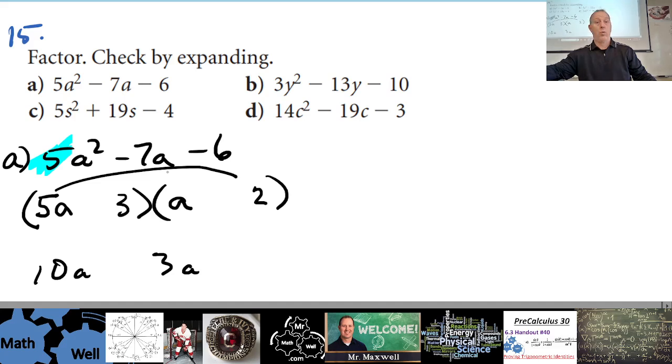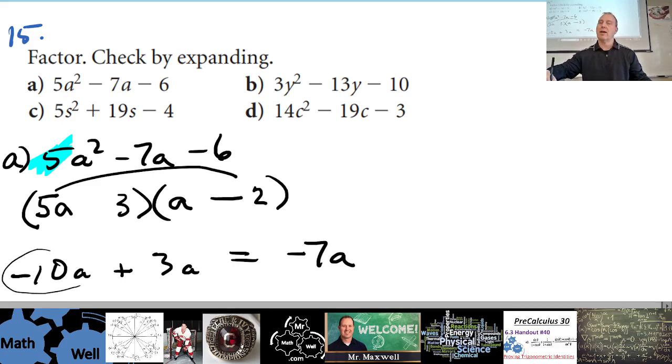Yes. Yes, you could do minus. Oh, minus. Look at that. Or sorry, it's going to be negative 10 plus 3 because it's a negative 7. You see that? Okay. So this looks like it could be where the numbers are in the right spot. So let's make sure I need to get negative 10a. So 5 times negative 2 will give me negative 10a.